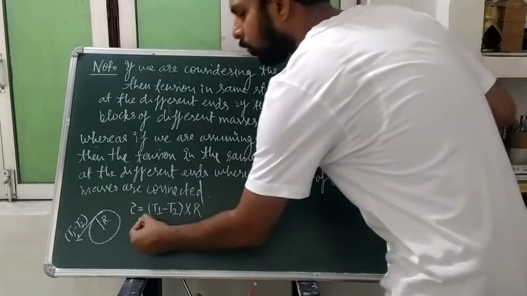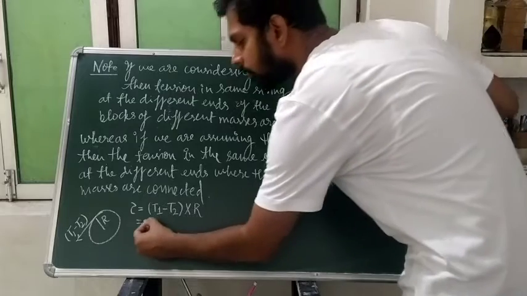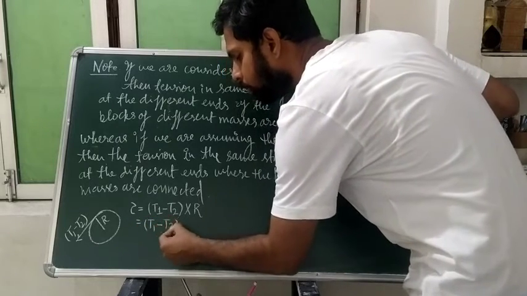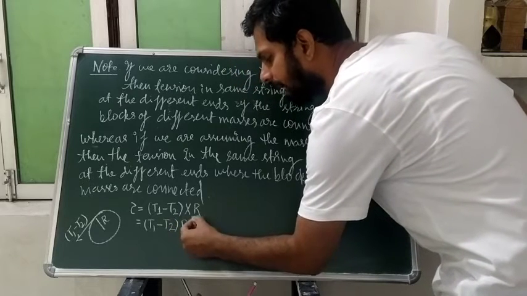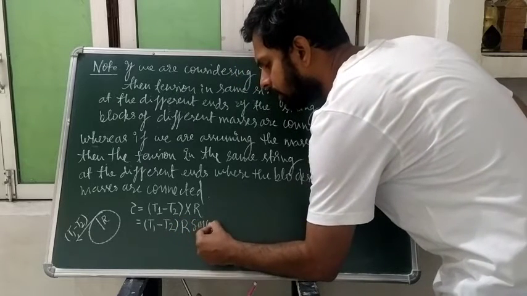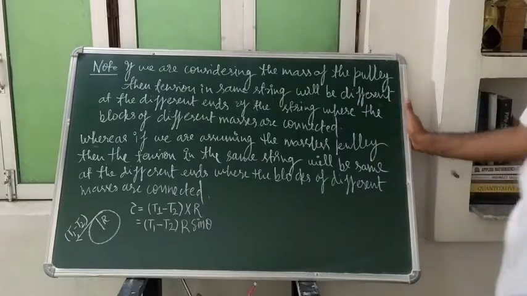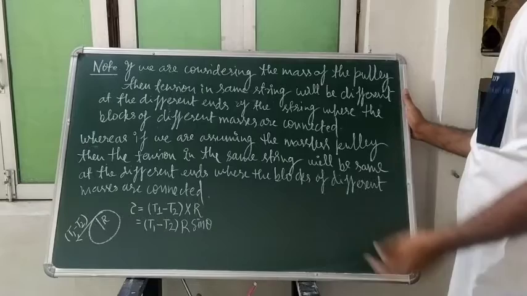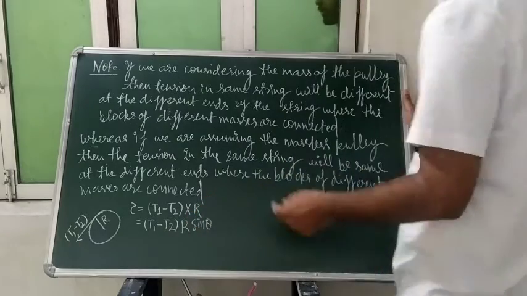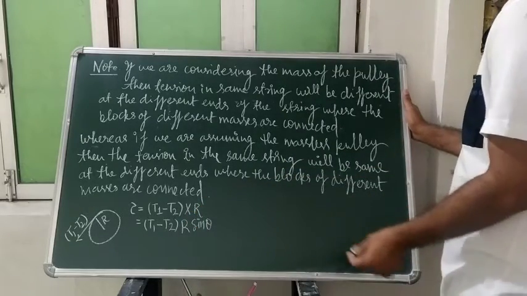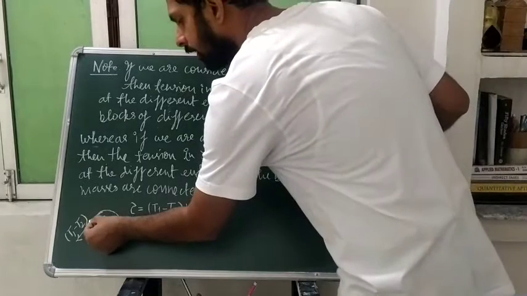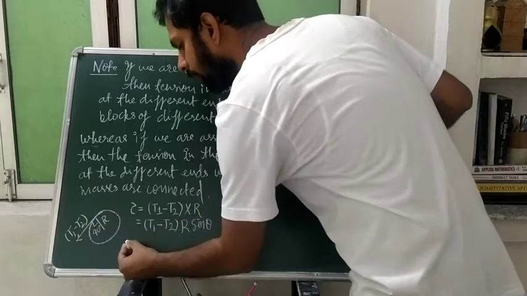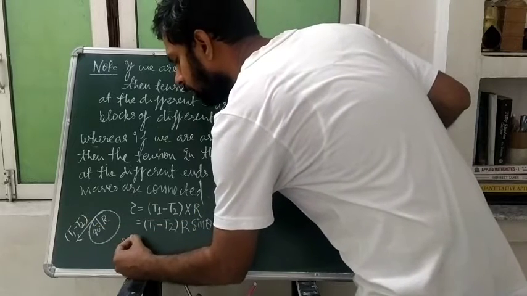And student, when you remove the cross, you will get sine theta. You will introduce a sine theta here. These things we will study in that vector chapter. For the time you can remember this. And of course, theta here is 90 degree.